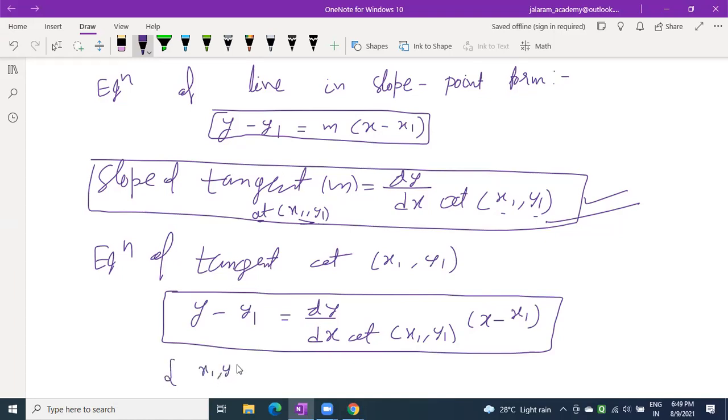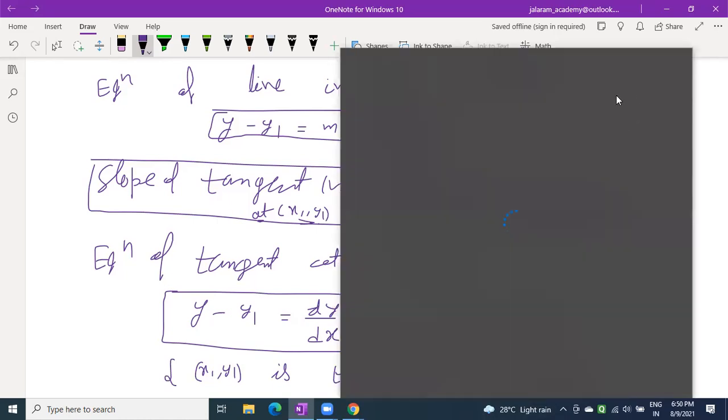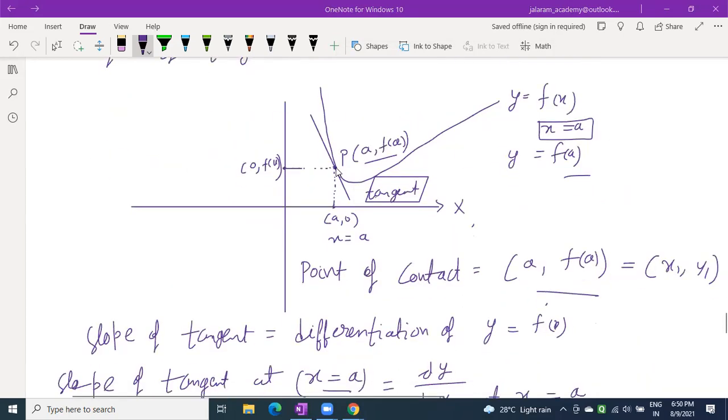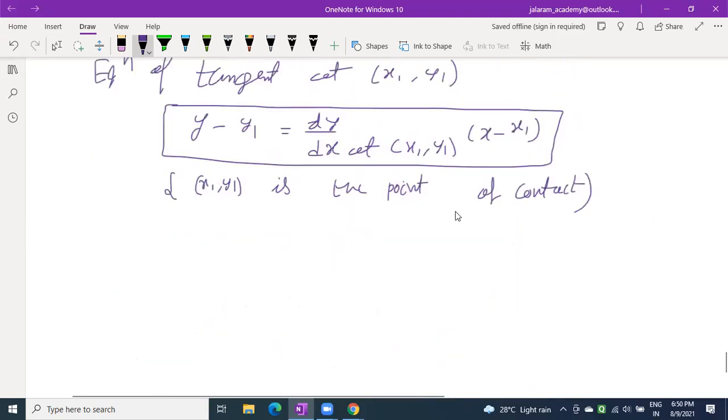Always remember, at x1 comma y1 means x1 comma y1 is the point of contact, the point where this tangent is touching the curve, like this, point P, A comma f(A), or we can also write x1 comma y1 as the point of contact.